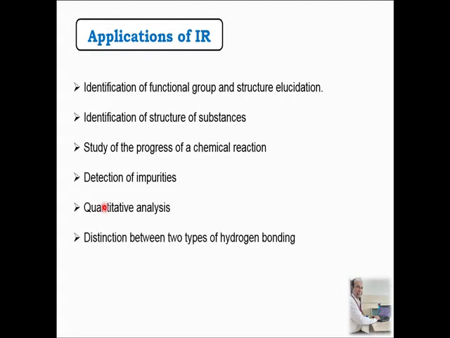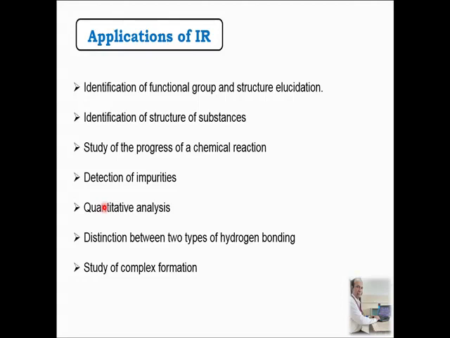Distinction between two types of hydrogen bonding. So IR can also detect the presence of hydrogen bonding as well as the type of hydrogen bonding, like intermolecular or intramolecular. Study of complex formation. So IR is not restricted to just functional groups, but it can be useful in prediction of the structure of complex molecules like penicillin.